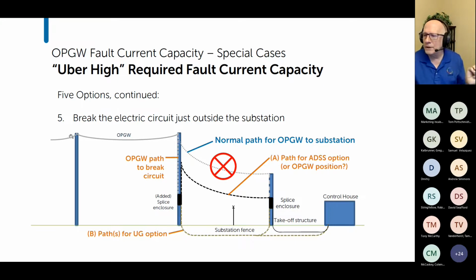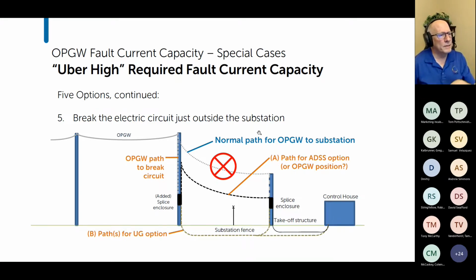So normally your OPGW would come in and then it would continue from the last structure outside the substation. Then it would go in, typically a slack span, into a takeoff structure. And then from there, it would go down to a splice enclosure. And then from the splice enclosure, you might have a duct cable to go into a control house, something like that. There are different variations of this, but that's the basic concept.